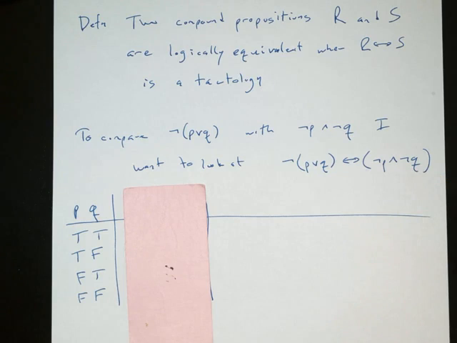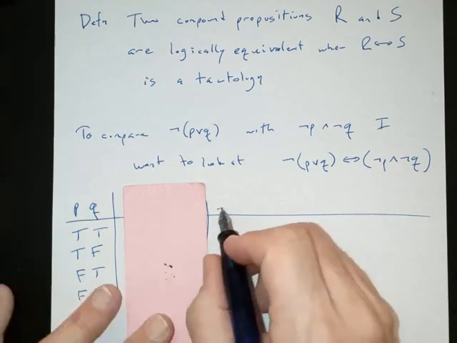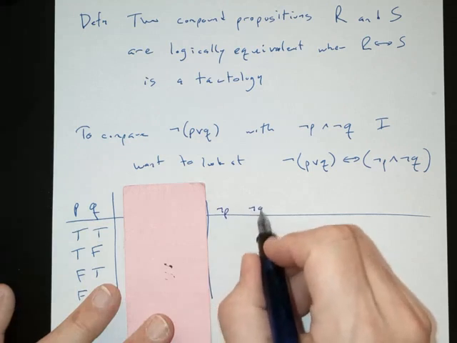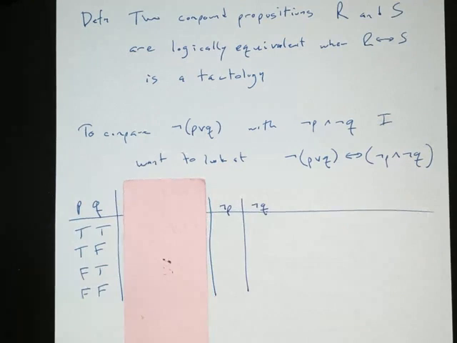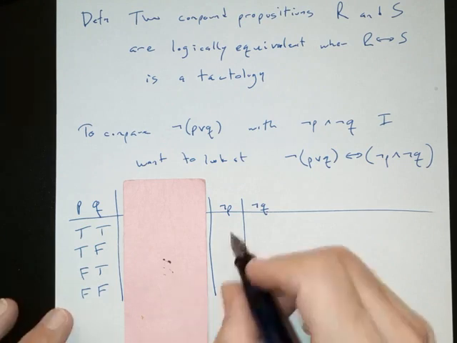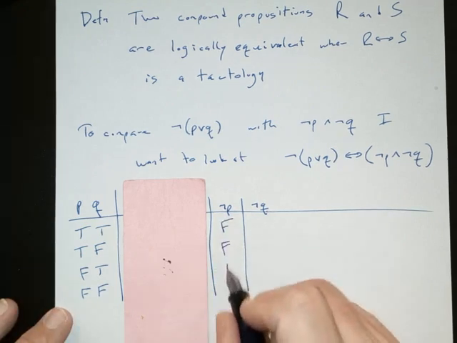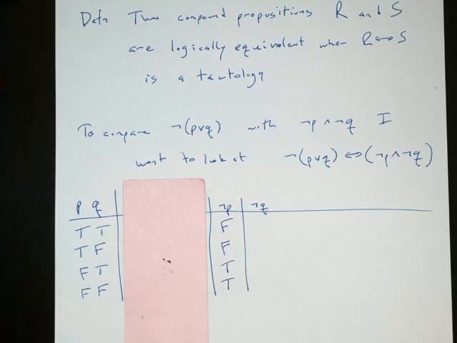The right side starts with not P, not Q. So I need a not P column. I need a not Q column. I've finished the left-hand side. I can put it out of my mind for the moment. What's my not P column look like? False, false, true, true.